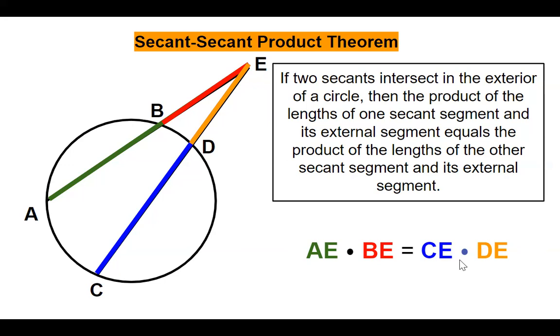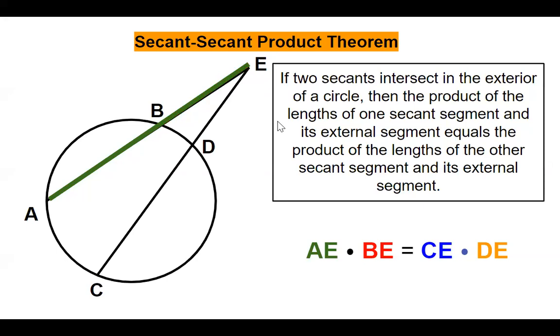If you guys haven't copied it down, and if you have highlighters, also highlight them so you can visualize what we're multiplying with what, okay? And the relationship here. So again, the entire secant segment, AE, times the exterior part, look at that.